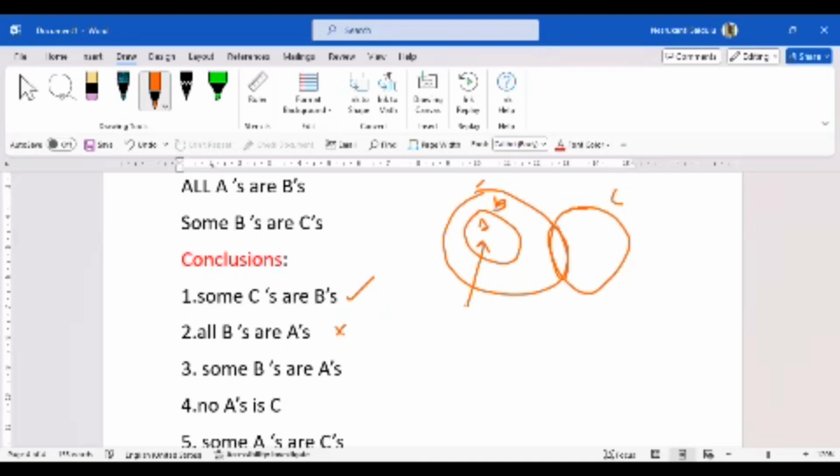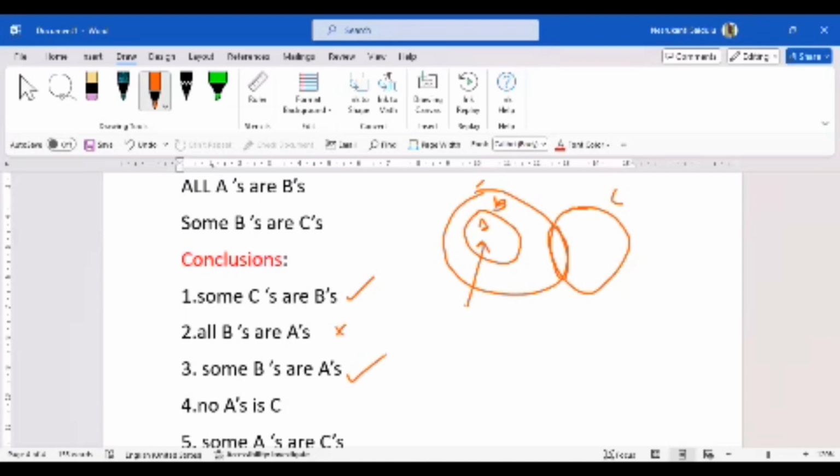Next one, some B's are A's. Whenever you go from the outer circle to the inner circle, all is always false, but some is true. So this statement is true, right?